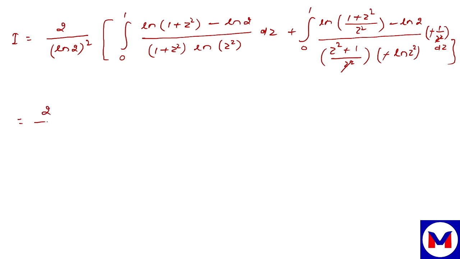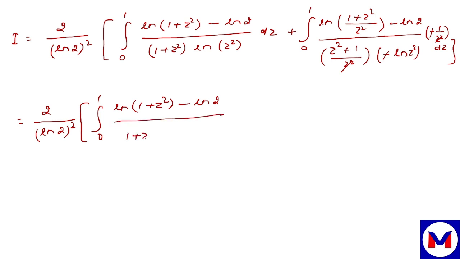Now it becomes the integral 0 to 1 of (ln (1 plus z square) minus ln 2) upon (1 plus z square) ln z square. Now reversing the limit, we get a minus sign, from 1 to 0.